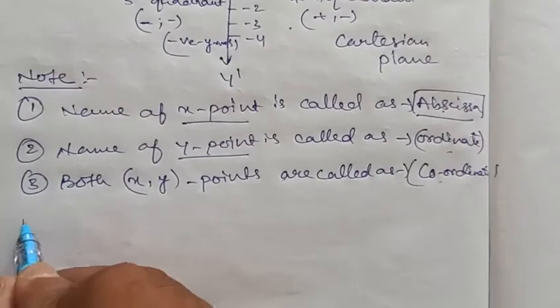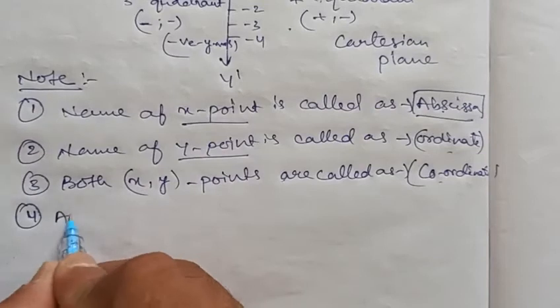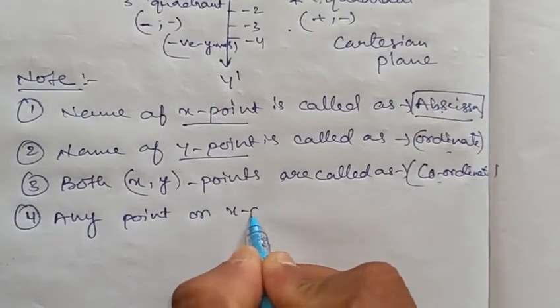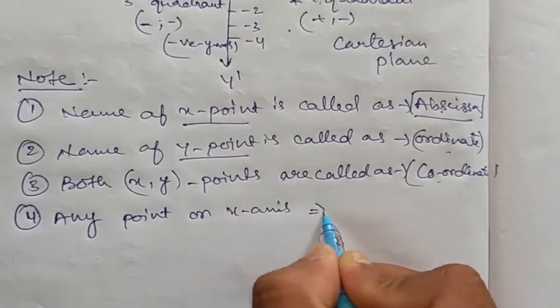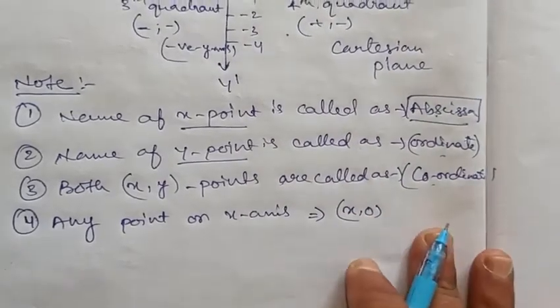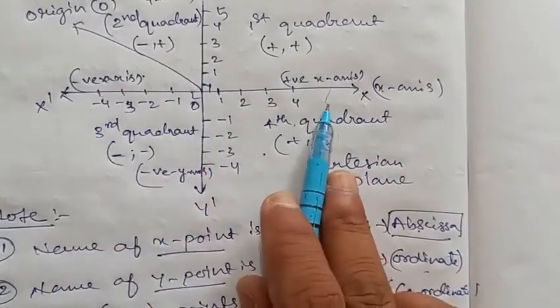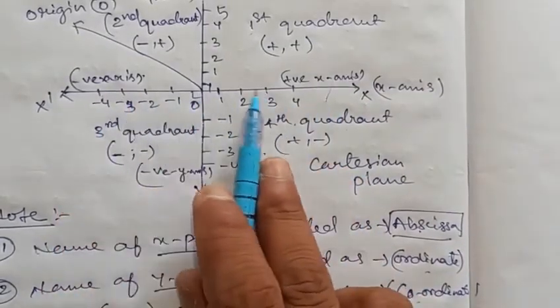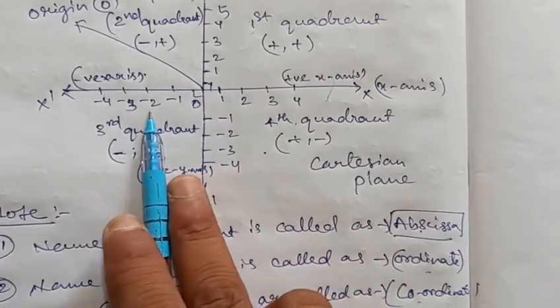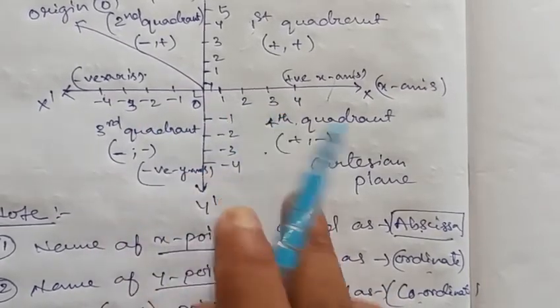Fourth point, any point on the x-axis is taken as x comma 0. If you want to plot any point on the x-axis, then here the y ordinate will be 0. Here we only get x points, there are no y points on the x-axis.